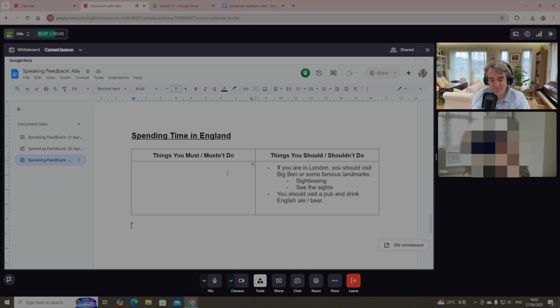I think when you visit a place in England, you mustn't litter. You drop rubbish. Yeah, you mustn't litter. But I think it's a general rule.